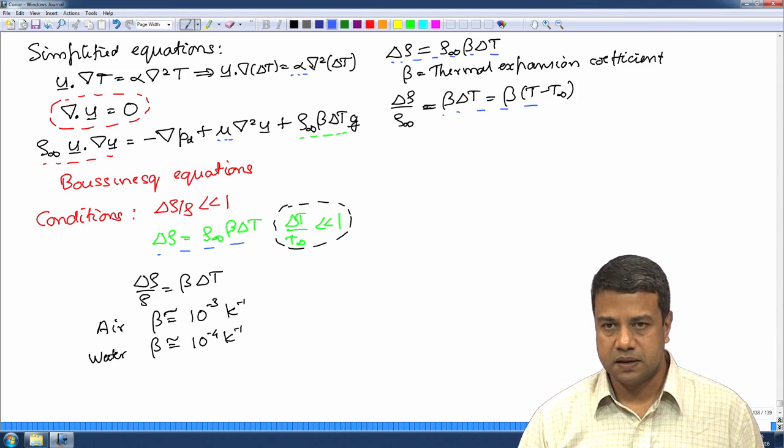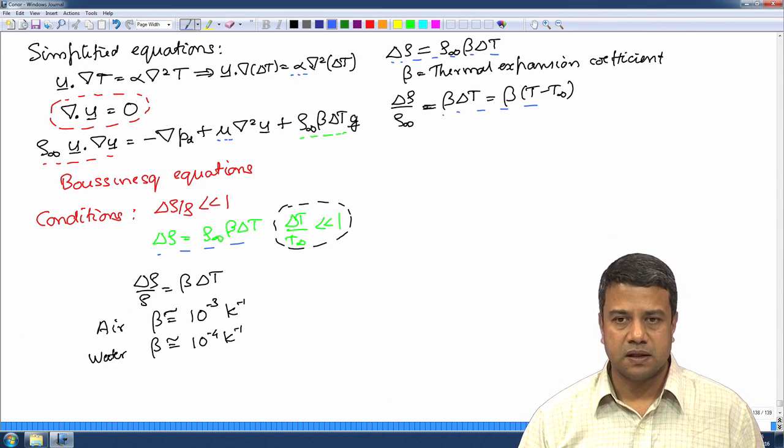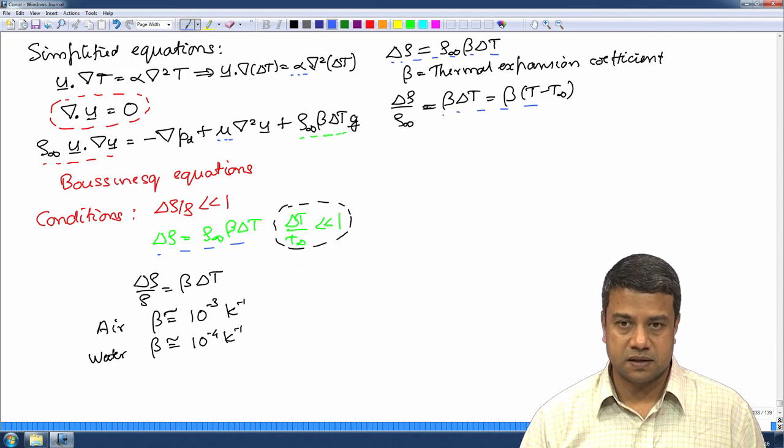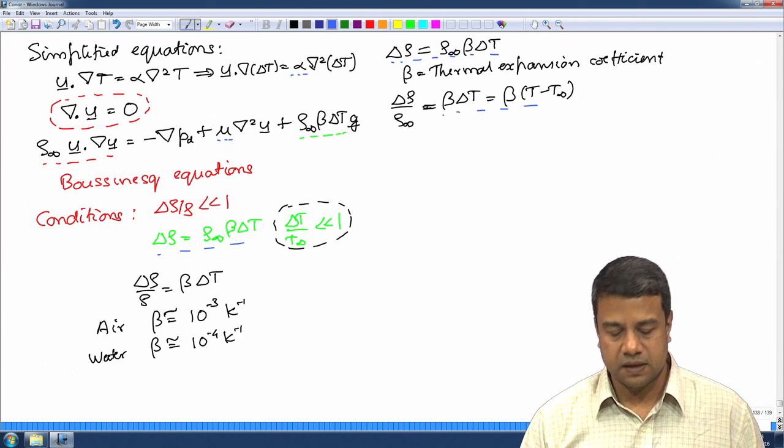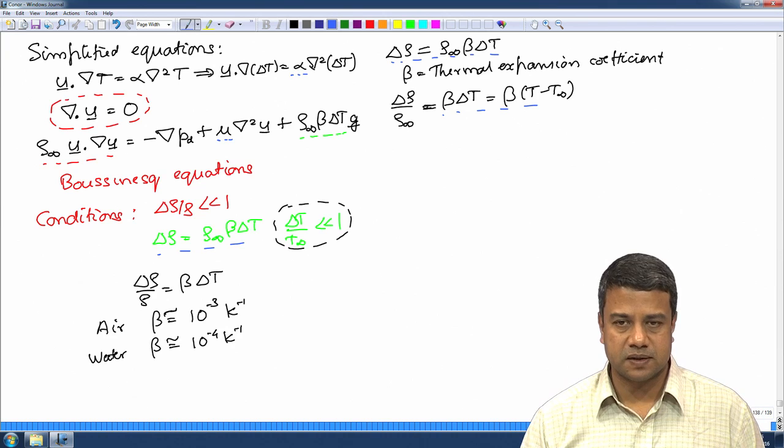And for this reason, in real applications, the change in density is much smaller than the average density of the fluid. However, the force due to the change in density has to be taken into account. The change in density can be neglected in the mass conservation equation and the inertial terms in the momentum conservation equation.